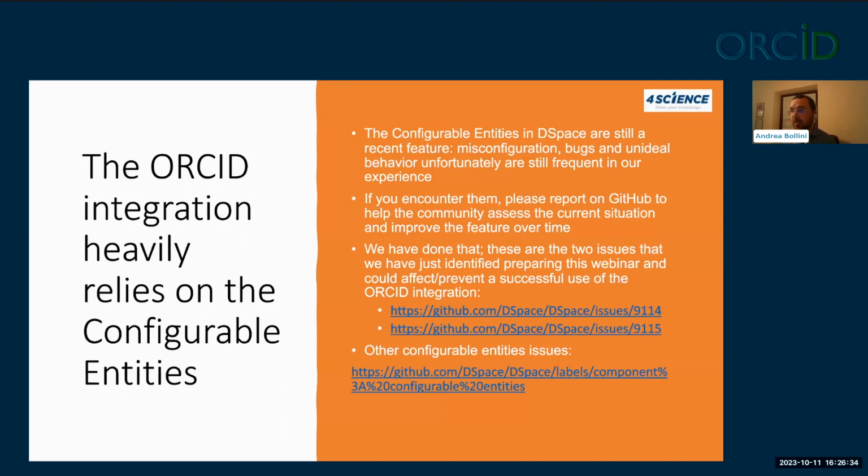What we suggest is to report all these issues, both related to user experience and to bugs, or any difficulty in configuring this feature, as a report or as a bug on GitHub, so that the community can fix it.